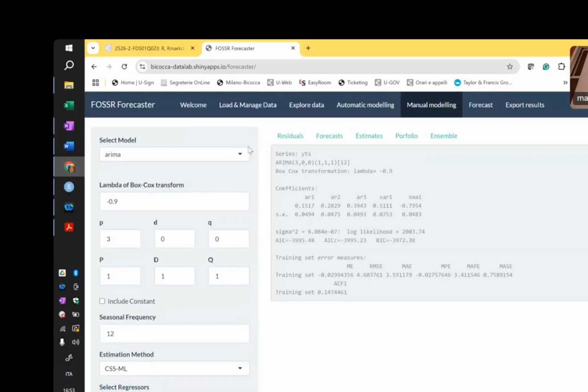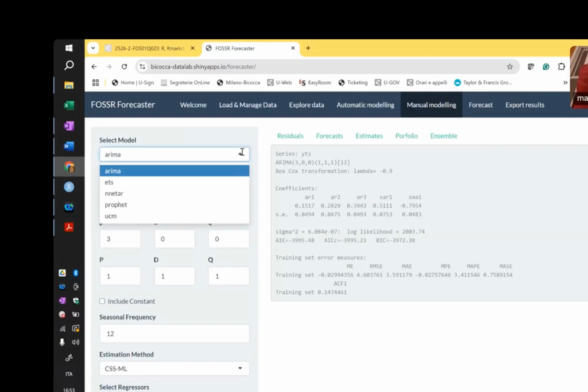Later, here I put some other models. ETS we will not see in this course. We'll spend some time on UCM. This is a very simple neural network, just an autoregressive neural network. And Prophet, you have probably already heard of. It's a forecasting model made by Facebook.